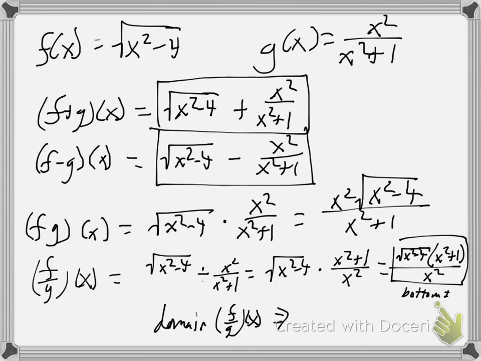So that means x squared can't be equal to 0, which means I have all real numbers except 0. Because if I plug a 0 into the equation, I'll end up dividing by 0, and that gives me an undefined problem.